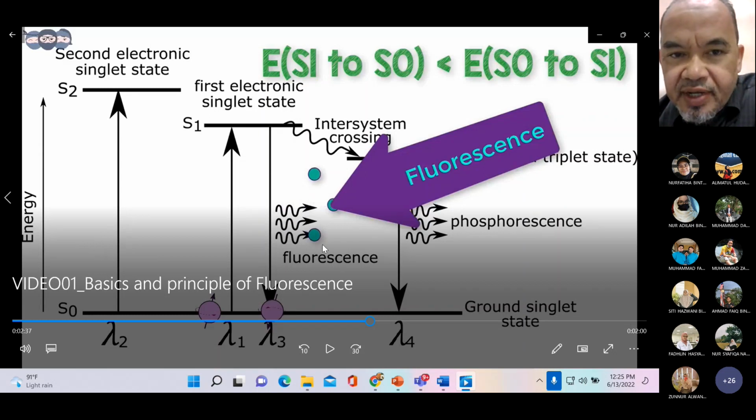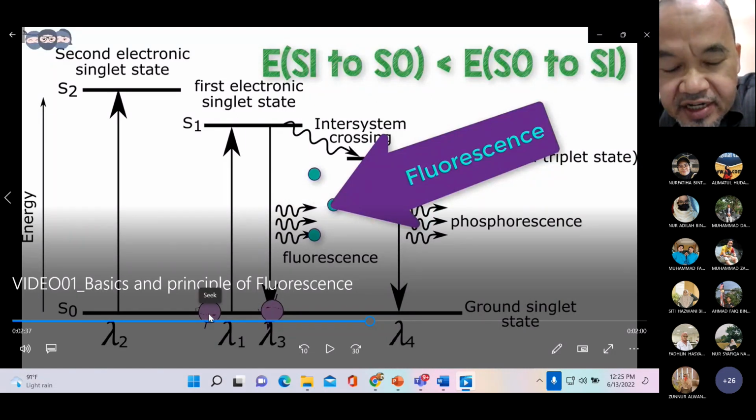A second option is that it's going to undergo intersystem crossing. Why do they call it intersystem crossing? Because here we're talking about the singlet. In the singlet, the two electrons have different spin, but in the triplet, the two electrons have the same spin. Singlet, different spin.